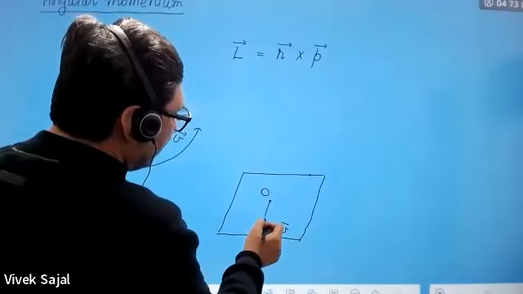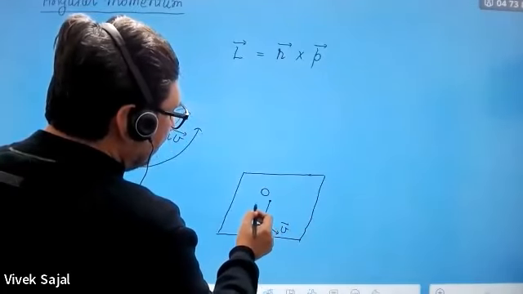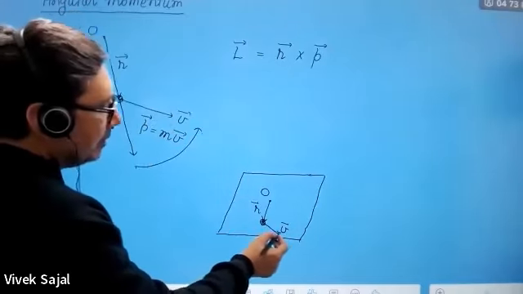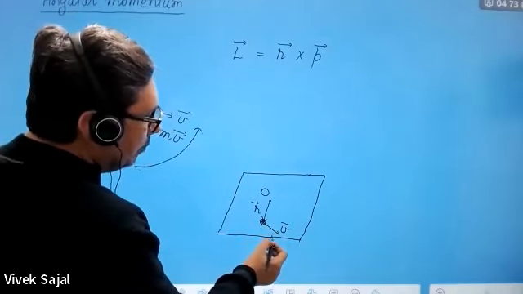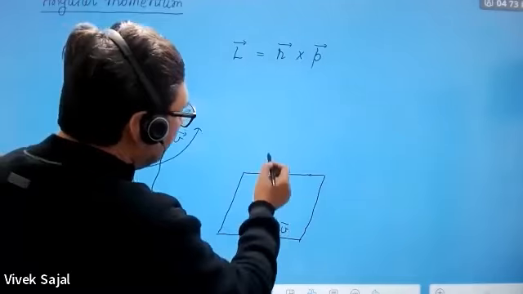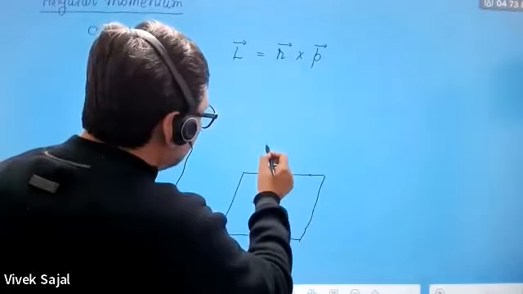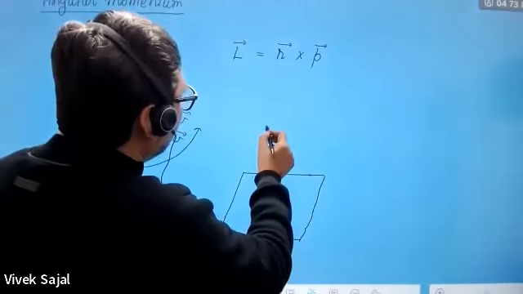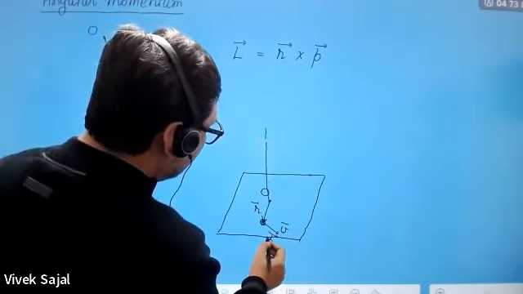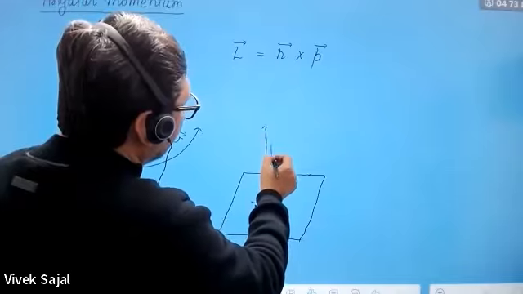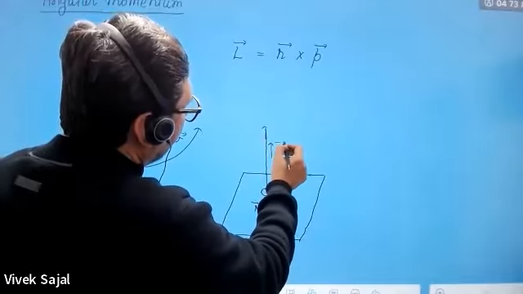The position vector of this will be r here. The mass is m, so the linear momentum will be p vector. What will be the direction of L? Try to understand, that will be perpendicular to this plane. So the L vector will be in this direction.